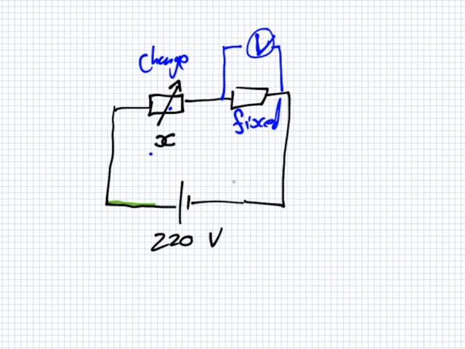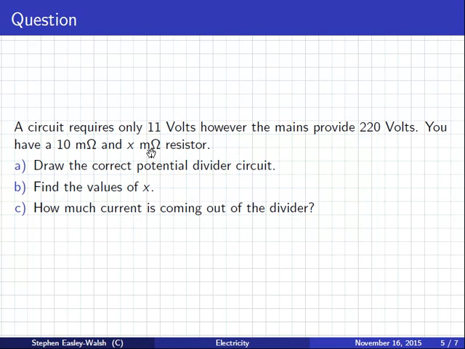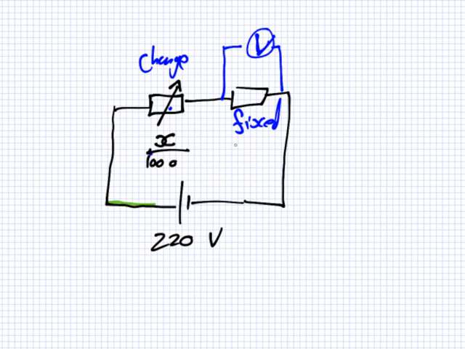Because X is in milliohms, you can say it's X over 1,000, because I said in the question it's X milliohms. And the other one, 10 milliohms as well, so this would be 10 over 1,000.